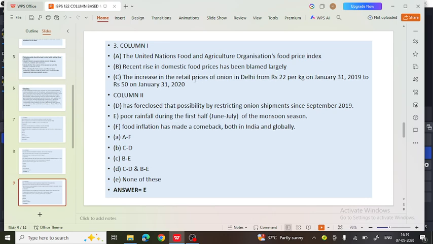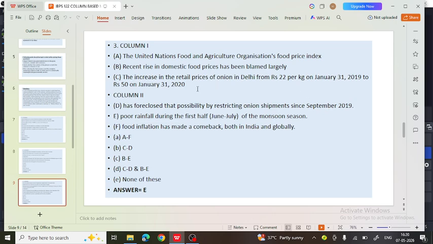The increase in the retail prices of the onion in Delhi from rupees 22 per kilo on January 31, 2019 to rupees 50 on January 31, 2020 has frozen that possibility by restricting onion shipment since September 2019.